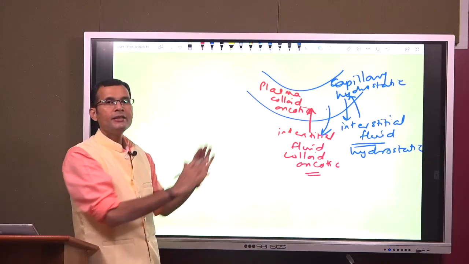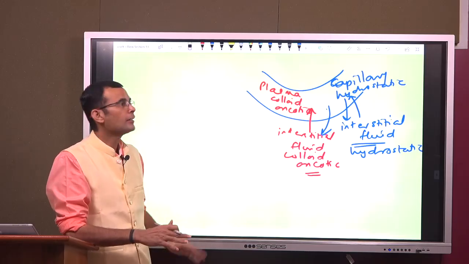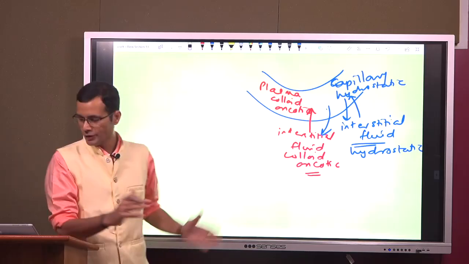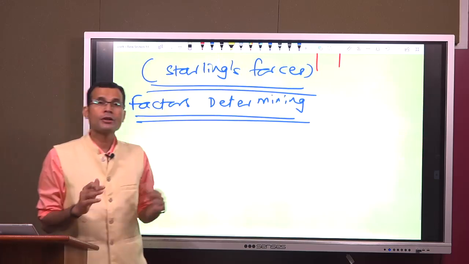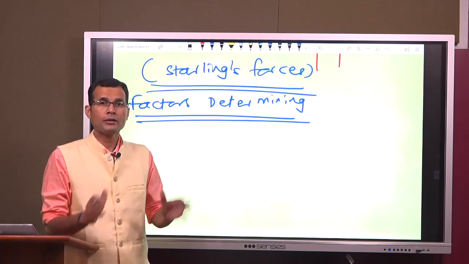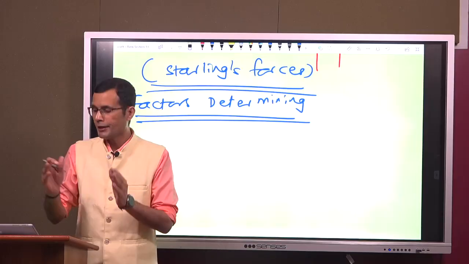Let's apply these forces or pressures now in the glomerular capillaries in the context of GFR, glomerular filtration rate.